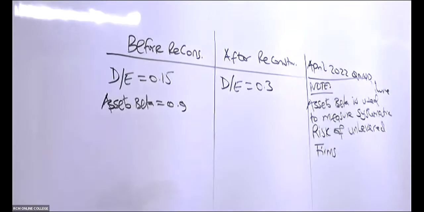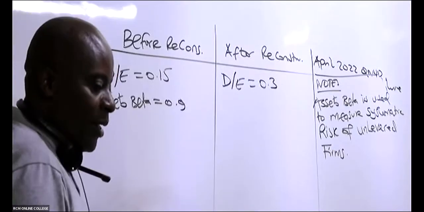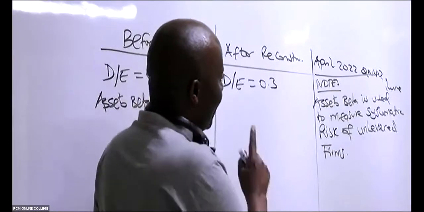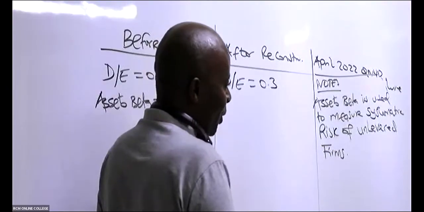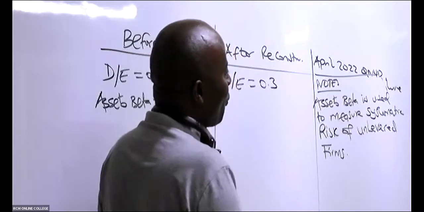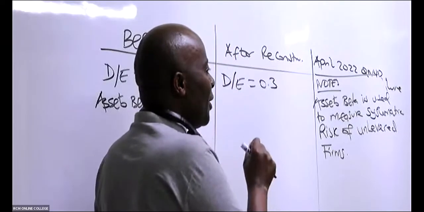Yeah, great. So anytime we talk about assets beta, ladies and gentlemen, it is used to measure systematic risk of unlevered organizations. So we must get a way of changing this beta to what we call equity beta.